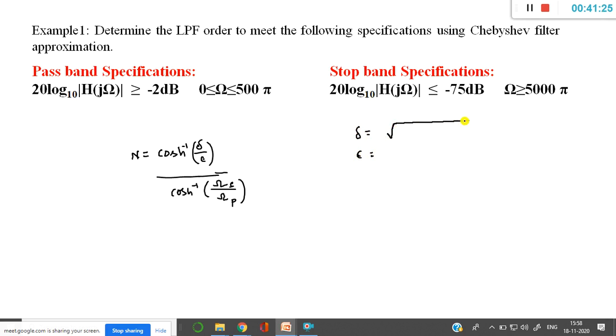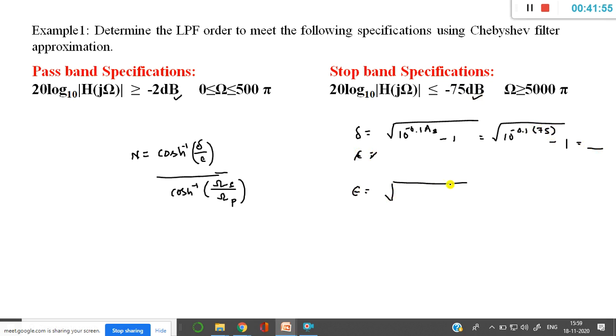What is delta here? Delta is the square root of 10 to the power of minus 0.1 as, minus 1. What is as? The value of as is minus 2 dB. Sorry, stop band here it is 75, so 75 minus 1.